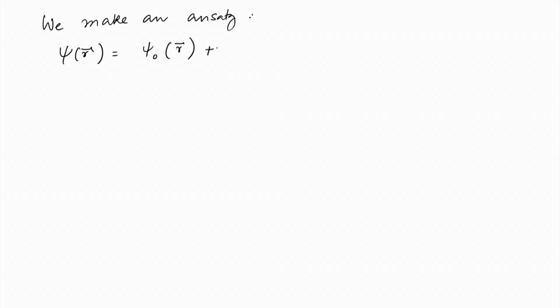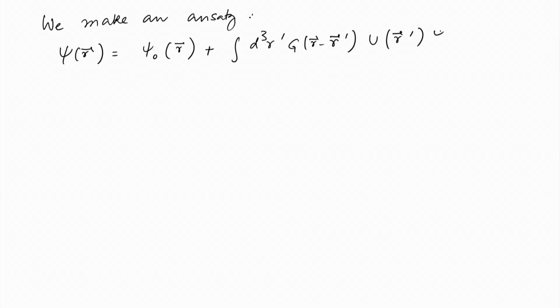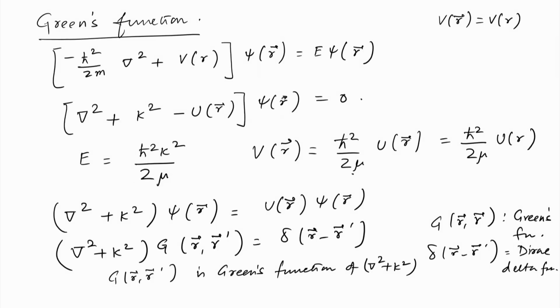Now, we propose, or make an ansatz, psi of r equal to psi 0 of r plus the integral d cube r prime G of r minus r prime u of r prime psi of r prime, as the solution of this equation, which we call equation 1.